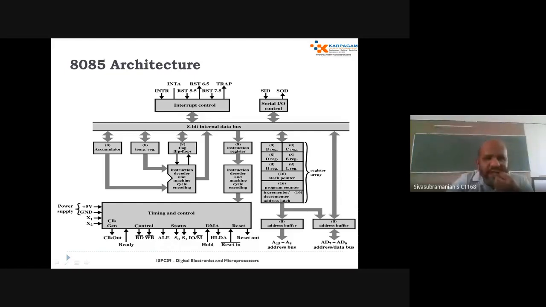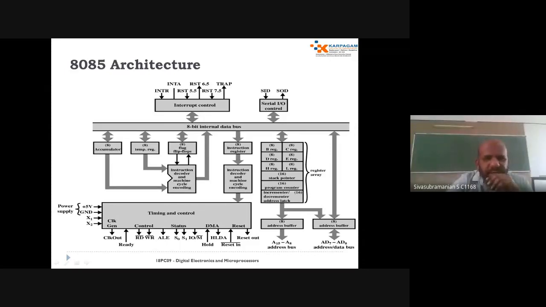Then you have got ALE, right? ALE is the address latch enable, which is the expansion of that term. It is 16-bit, and this is basically divided into two. This mainly works on the address bus only. Address bus separately and address data bus separately, each of 8 bits.